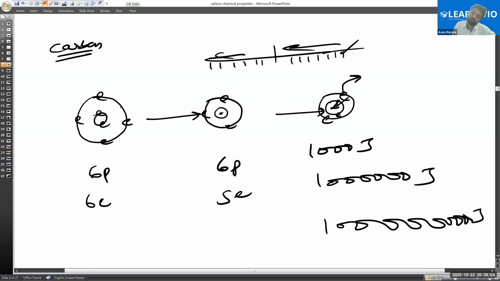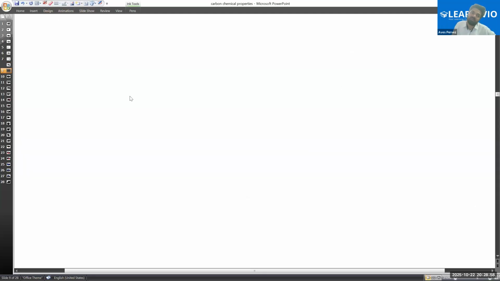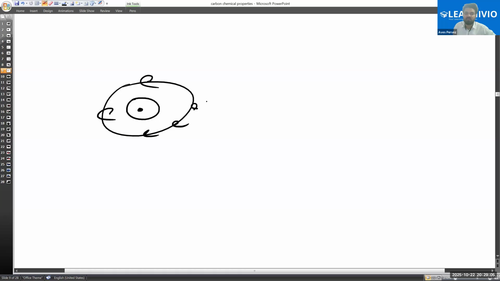Same if we keep on adding electrons, the size of the atom will increase, because the number of electrons is increasing, and because of the repulsion force. Add 1 extra electron and the size increases; add one more and it increases again.